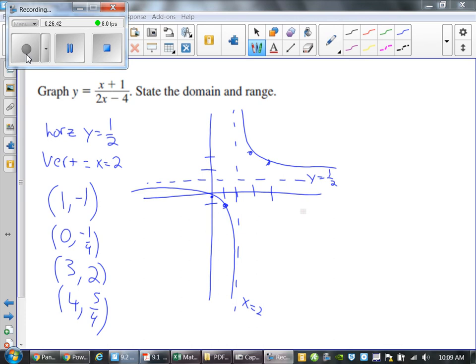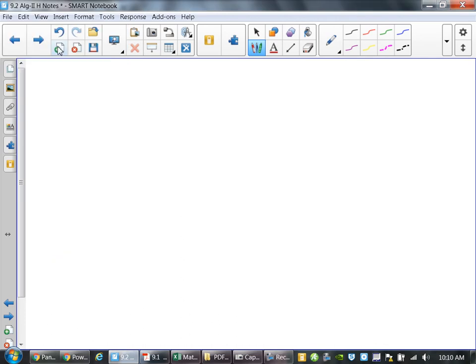And we'll go into a little bit more of the trickier versions tomorrow. So let's see, this is 9.2, it's on page 543. I'd like to do numbers 12 through 18. That's just where are your asymptotes and your domain and range.